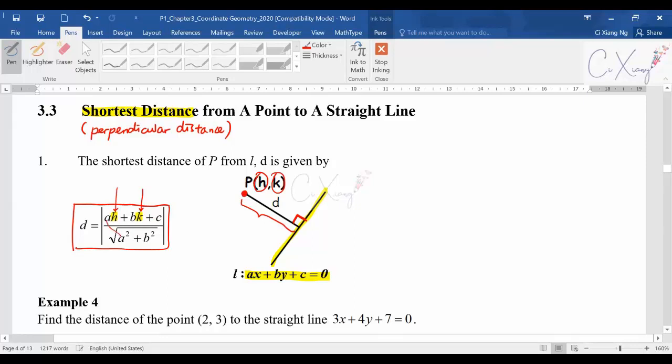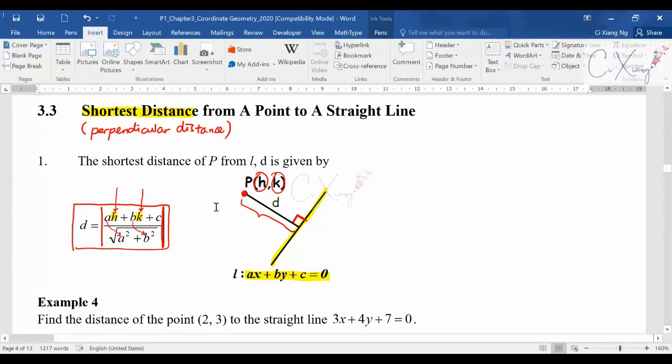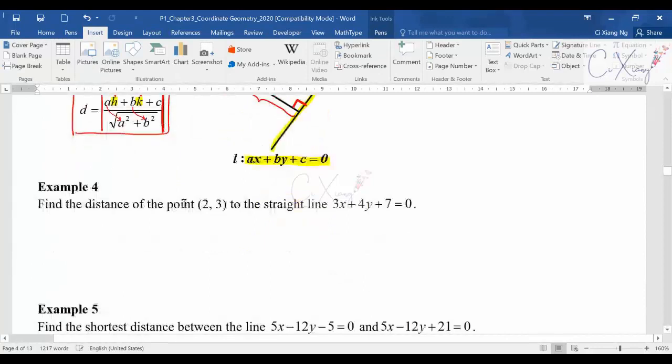The a squared is from the coefficient of x, b squared is from the coefficient of y. I put a modulus sign here because distance should generally be positive. In case you get a negative value for the whole answer, you just change it to positive. So let's have a look at some examples that discuss the shortest distance.